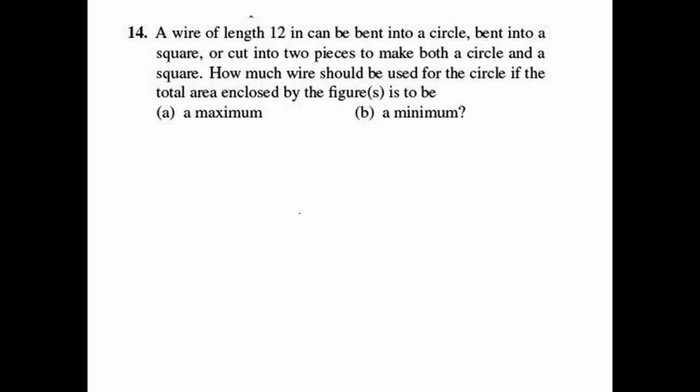Okay, so how much wire is to be used for the circle? So we'll say x is equal to the amount of wire for the circle. It helps if you label things. It's very difficult to just read this problem and start figuring out everything.